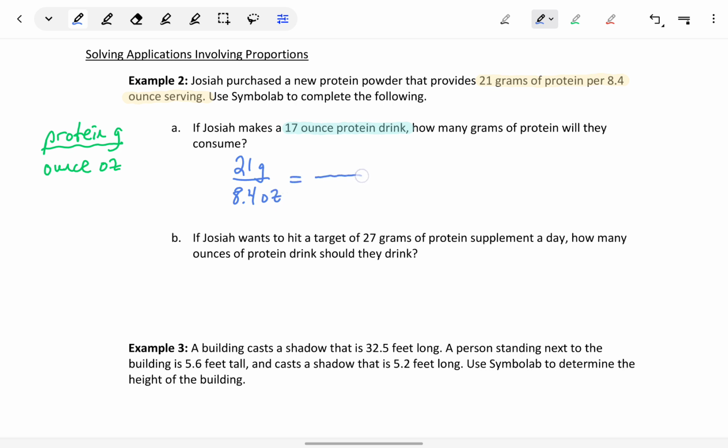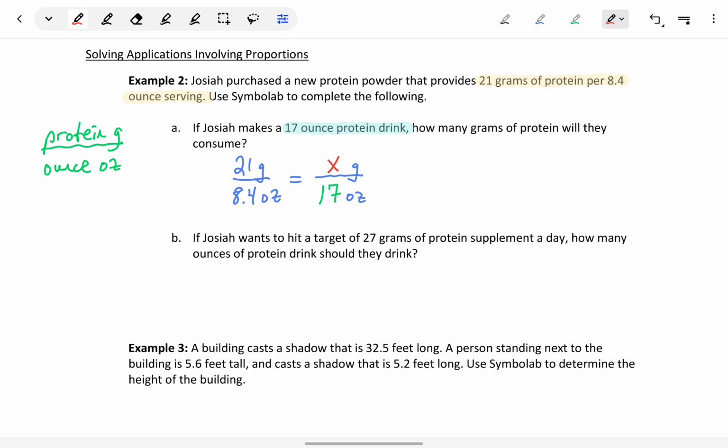That means we're going to set up another proportion that in the numerator also has grams and the denominator also has ounces. We need to identify what information we're given in part A and drop that in. In this case, we're being told he's making a 17 ounce drink. So that's the information that we'll drop in. And then the missing piece of information is X, what we want to solve for.